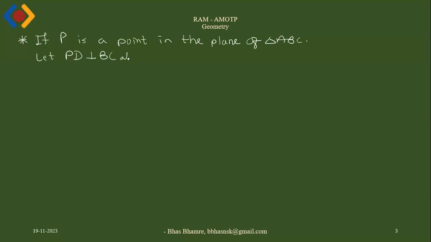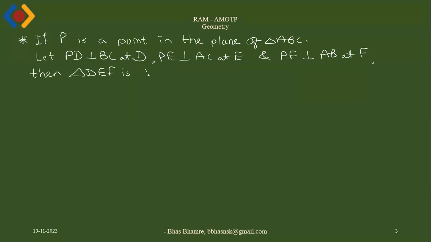That if P is a point in the plane of triangle ABC, then let PD perpendicular to BC at D, PE perpendicular to AC at E, and PF perpendicular to AB at F. Then triangle DEF is the pedal triangle of triangle ABC with respect to point P, or sometimes it is also said the pedal triangle of point P with respect to triangle ABC.